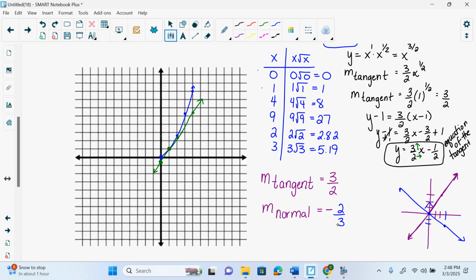Same thing. We get y minus y1 equals negative 2/3 times x minus 1, x1. Add my 1 over. So I get y equals negative 2/3 x plus 2/3 plus 1, which gets me negative 2/3 x plus 5/3.